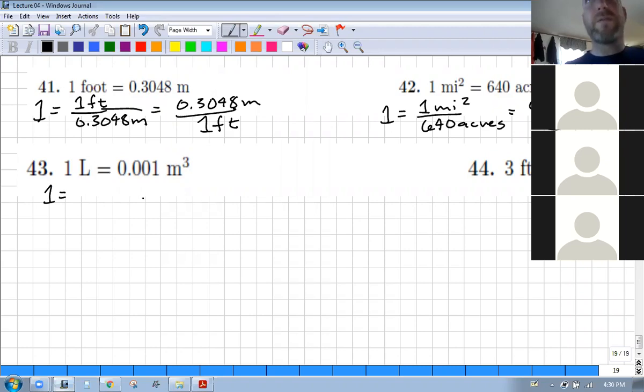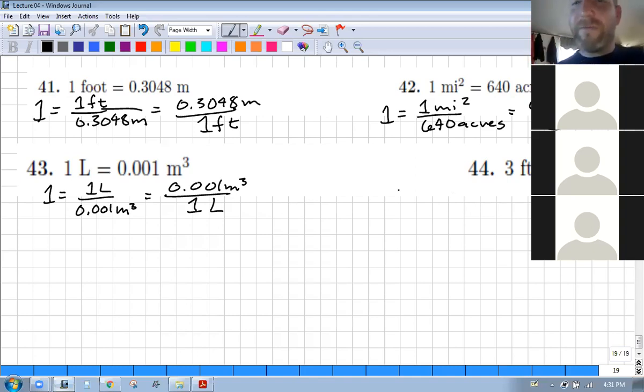Not cubic. The other way around. Liter is 1,000 millimeters cubed. That's where we're going. So 1 liter is 0.001 meters cubed. Or the other way around.